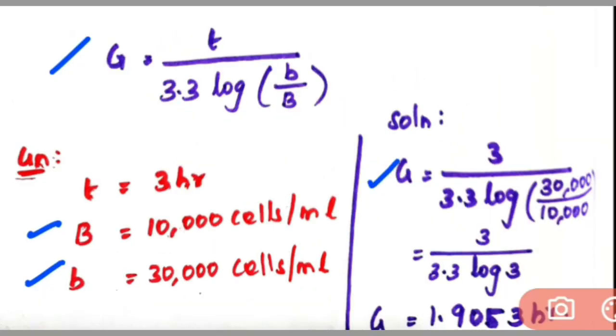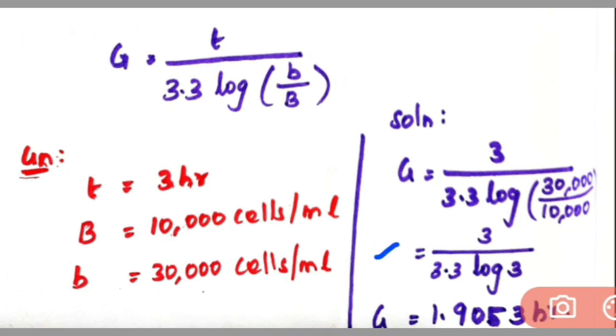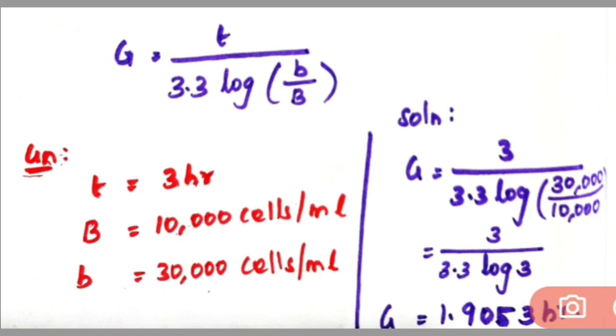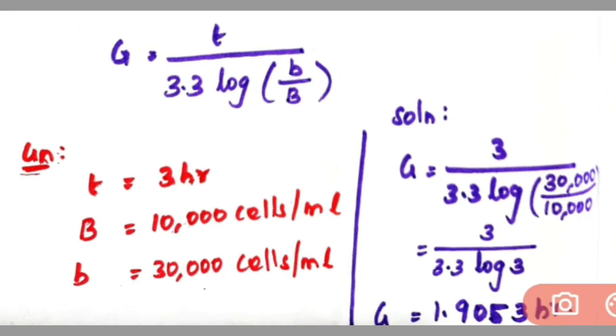So G is equal to T, that is 3 hours, divided by 3.3 into log of small b, that is 30,000, divided by capital B, that is 10,000. So G is equal to 3 divided by 3.3 into log of 30,000 divided by 10,000, which is 3, so log 3. So 3 divided by 3.3 into log 3 is 0.9053 hour.